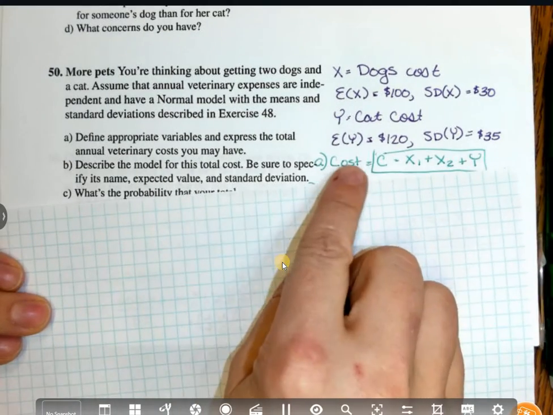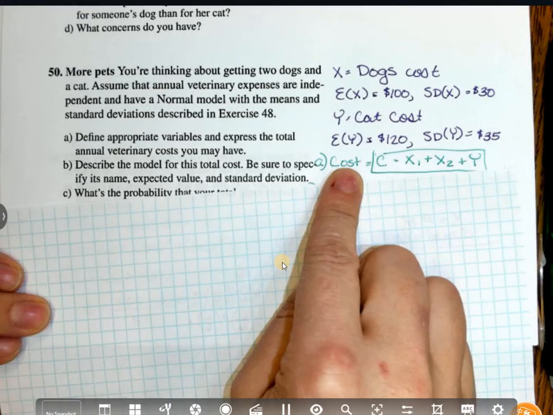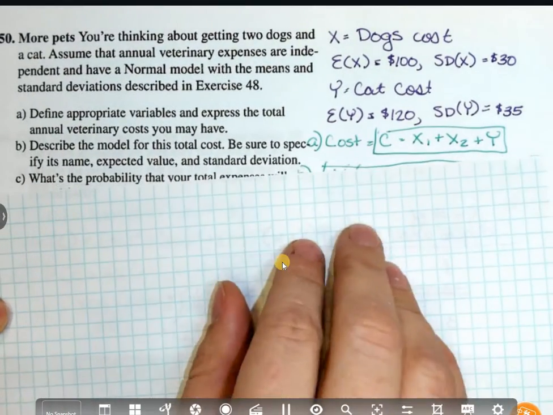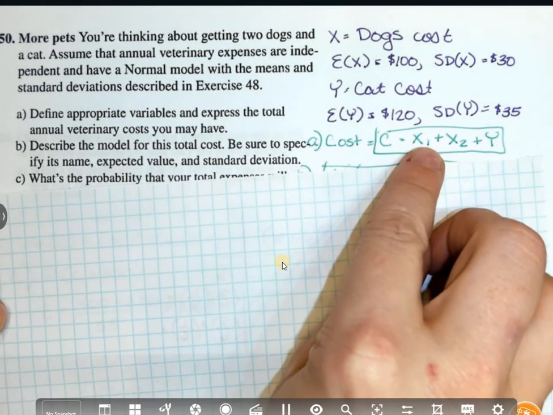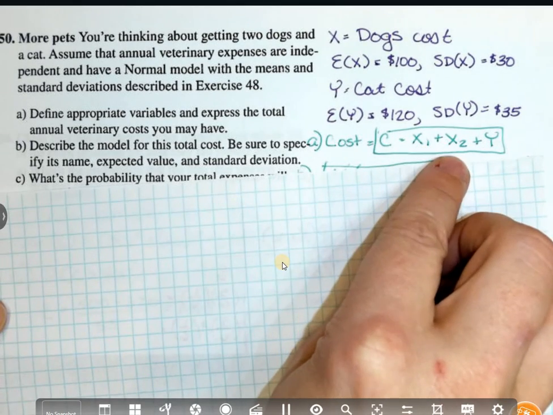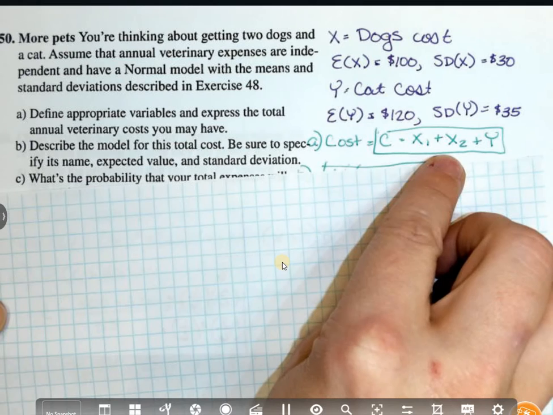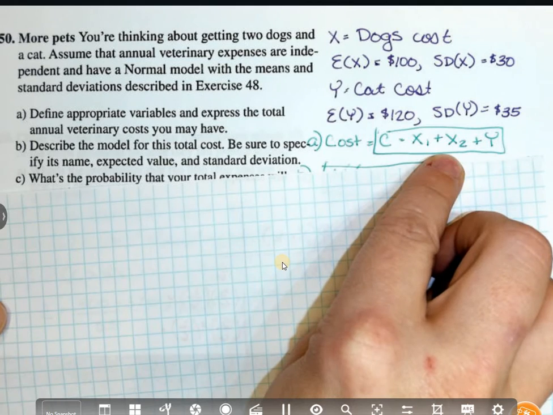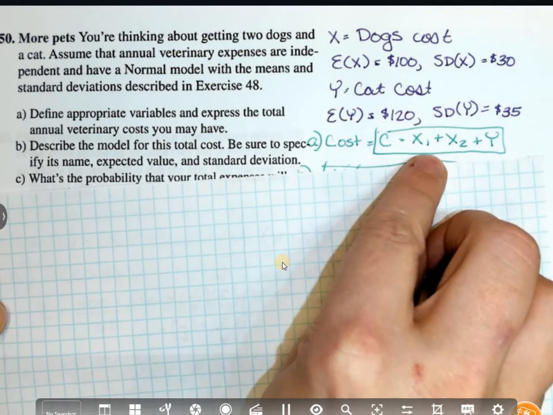But what A was asking you to do was to come up with an equation that represents this situation. And it's very important here that you have x1 plus x2, or x plus x, and not 2x, because it's not just taking the first dog and doubling its costs. They're two separate dogs.